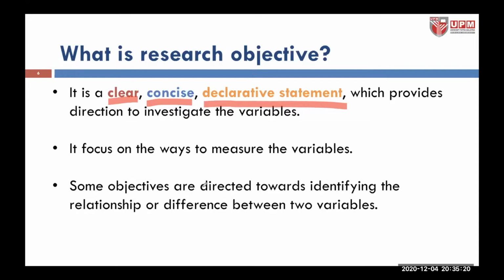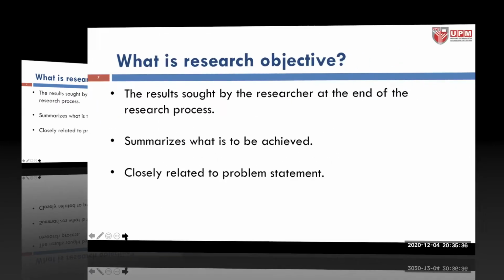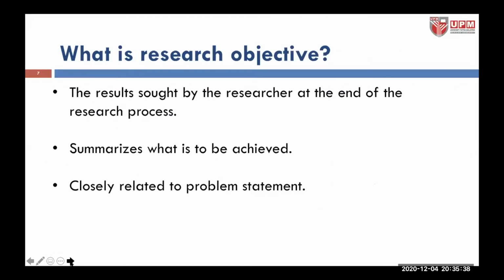And some objectives are directed towards identifying the relationship or the difference between two variables. Later we will look at what we mean by relationship or difference between two variables. And the results sought by the researcher at the end of the research process.